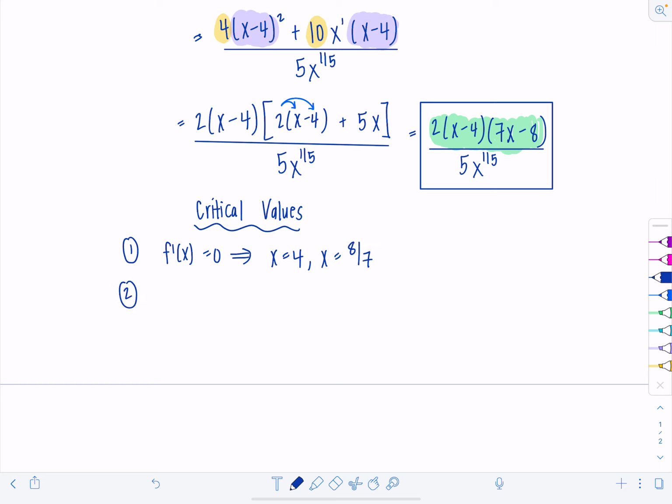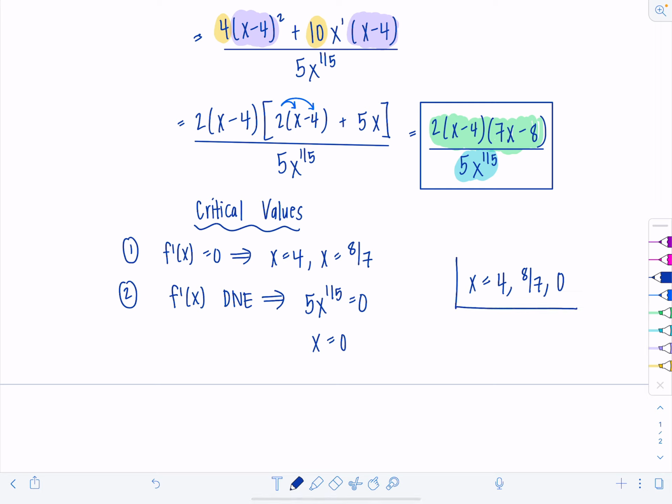The second place where we get critical values is where f prime of x does not exist. That means the denominator equals 0, so 5x to the 1/5 equals 0, which only happens if x is equal to 0. So here we have our 3 critical values, 4, 8/7, and 0, and they're all fine to include in our final answer because remember, the domain for f of x was all real numbers.